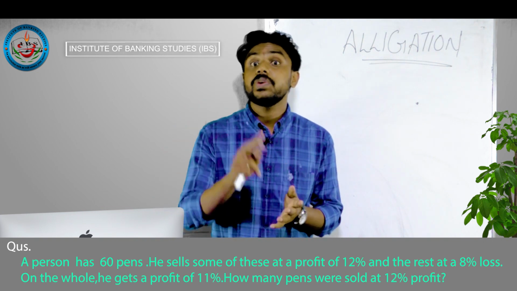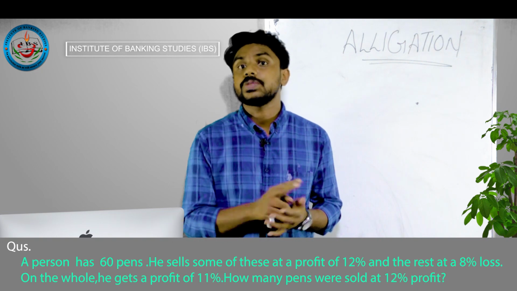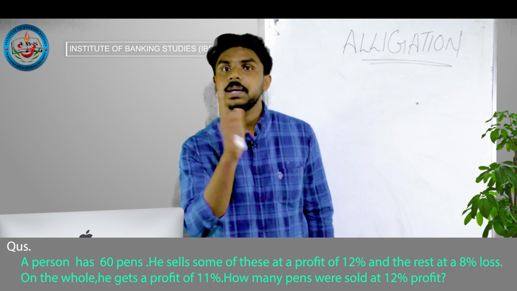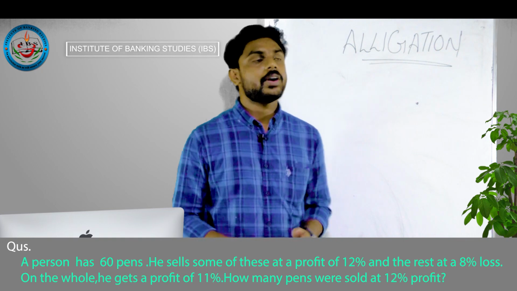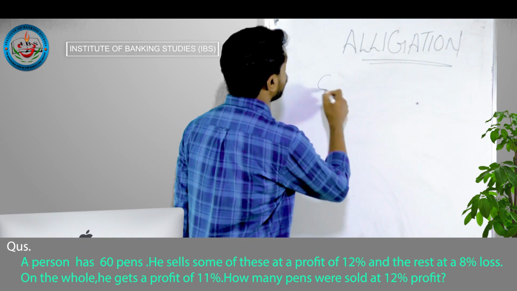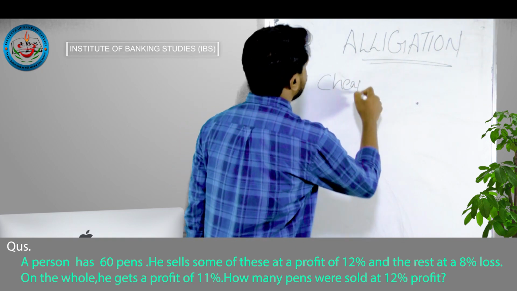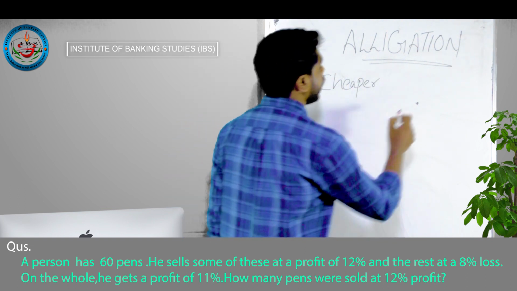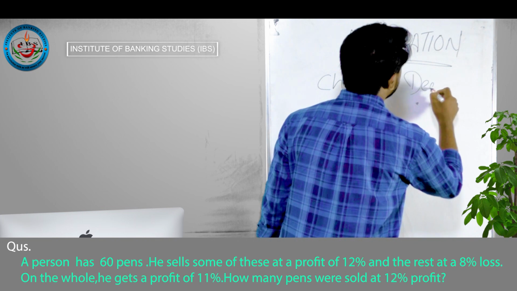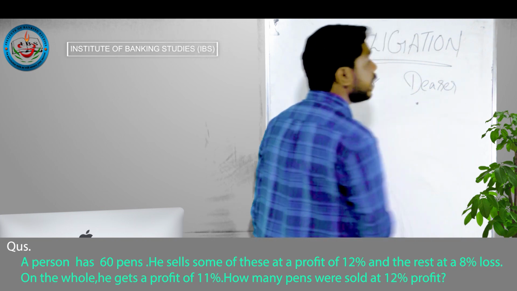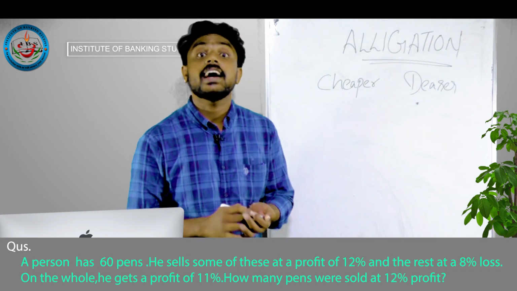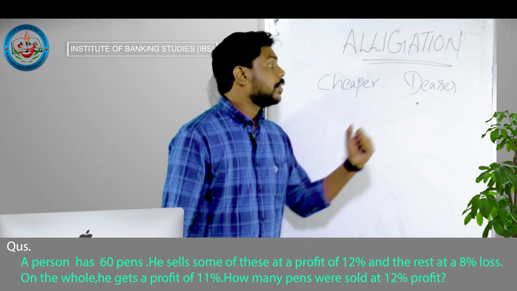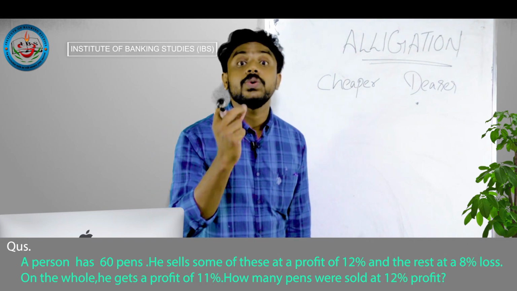In allocation we have mainly two quantities: one is the cheaper quantity and the other is the dearer quantity. Then we have a mean value.